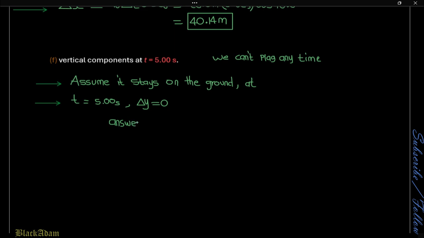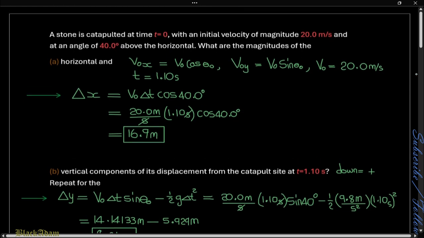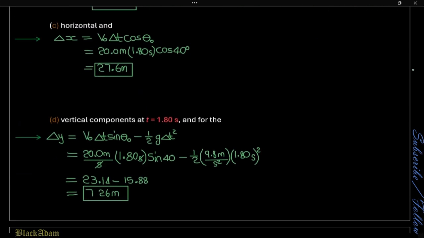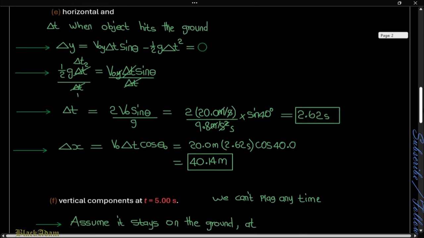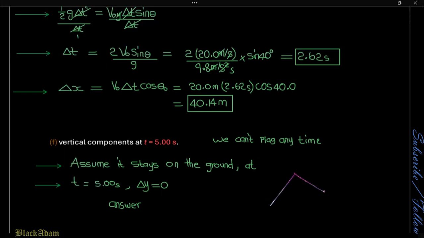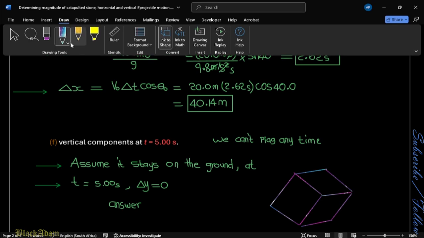That's our final answer, and that's how we track it. So you don't just punch in any time. We need a positive value because the object never went underground. When it comes to time, make sure you know what time it hits the ground, and whether the given time is large enough.